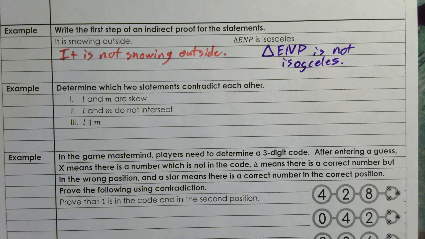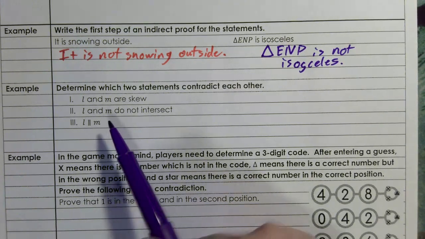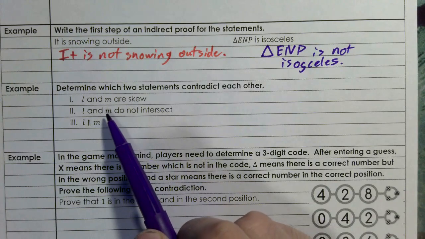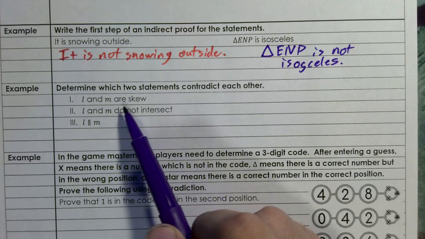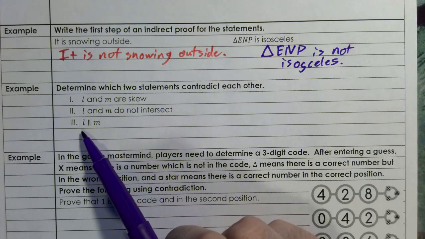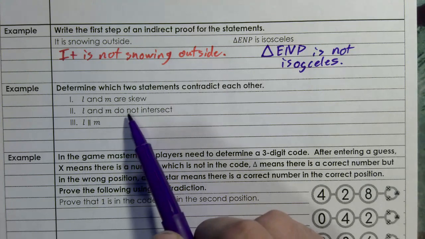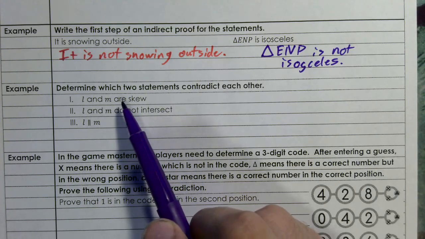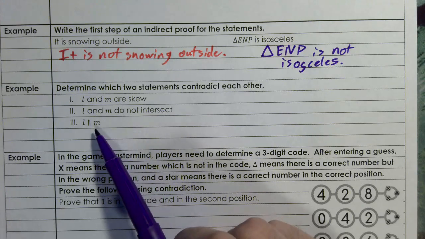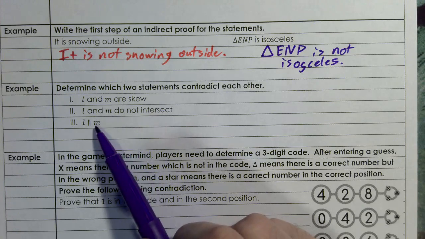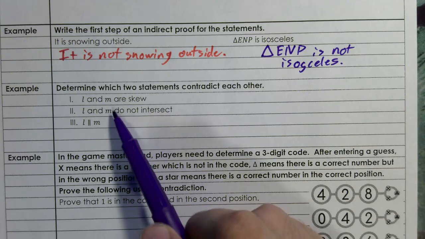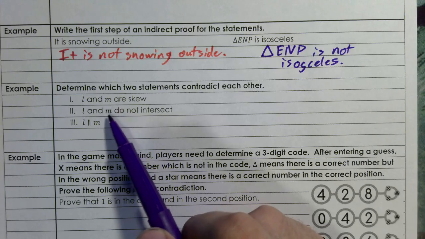I keep saying that word contradiction. What does that mean? A contradiction is two things that contradict each other. They can't both be true. So, if L and M are skew, then they do not intersect. Those two don't contradict each other. If you're skew, you don't touch. If you're parallel, you don't touch. So these statements, 2 and 3, don't contradict each other, as well as 1 and 2.